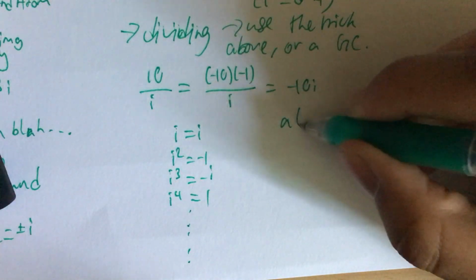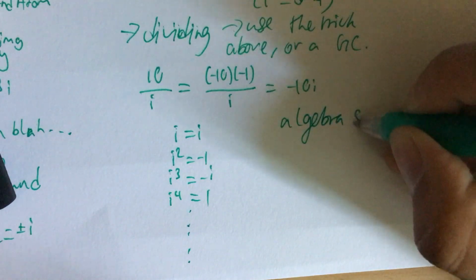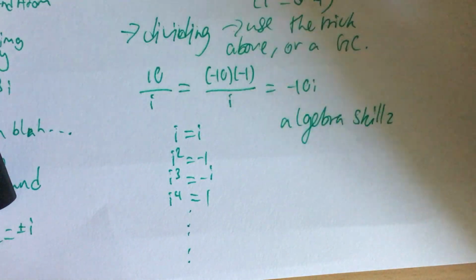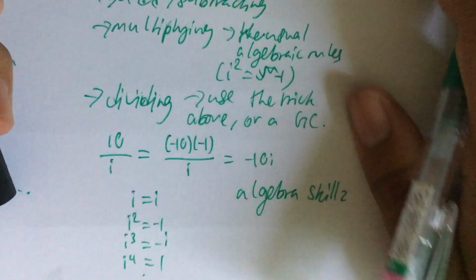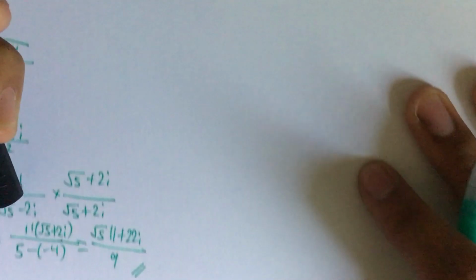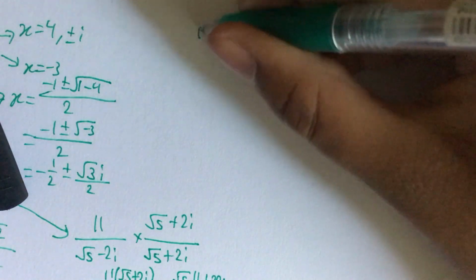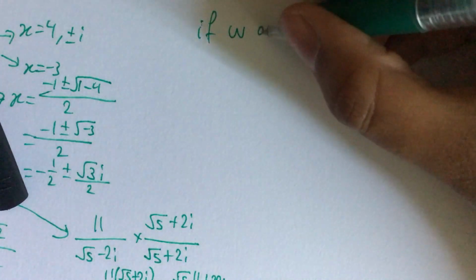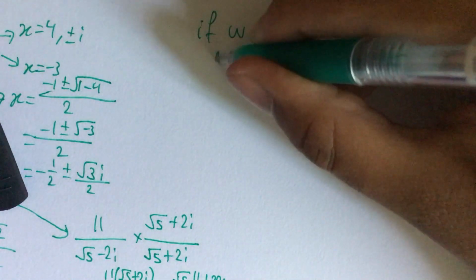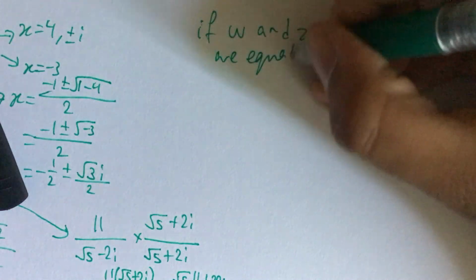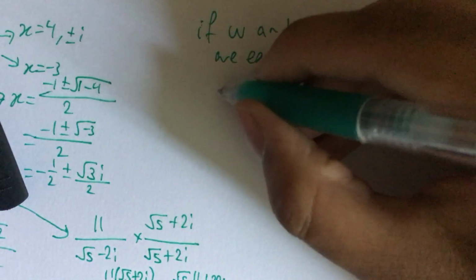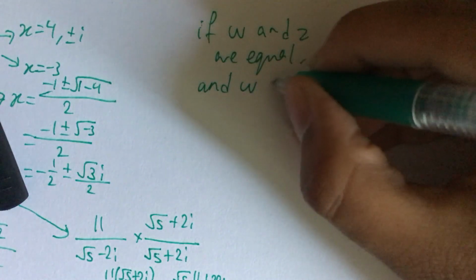Equality of complex numbers. Okay, so when you say 2 complex numbers are equal, that means their real parts are equal to each other and their imaginary parts are equal to each other. And you can be 100% sure that that's how it's gonna be, because in a way the imaginary and the real numbers are two different systems in a sense.